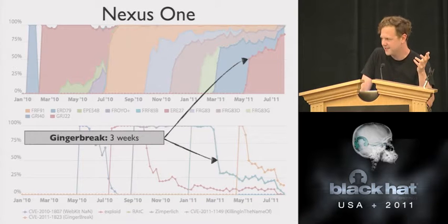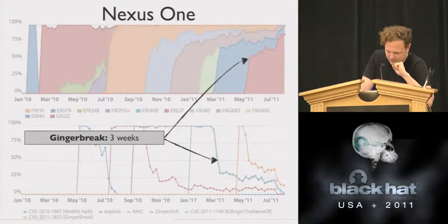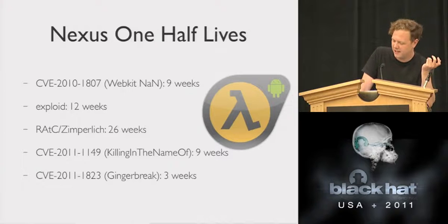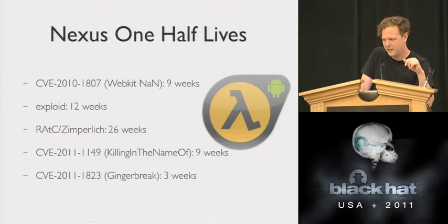And with gingerbread things got a bit better here, and we only went 3 weeks before a patch was available on the Nexus. So overall summary of things: we have 9 weeks on WebKit, 12 on Exploit, 26 on Rage, and 9 weeks on Killing the Ashman Bowl, 3 weeks on gingerbread.